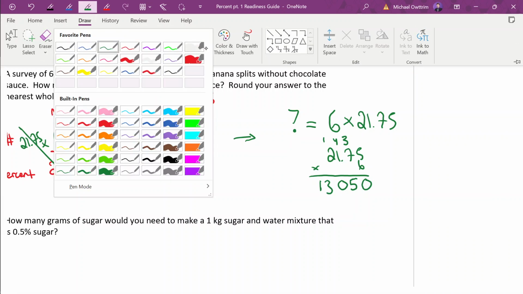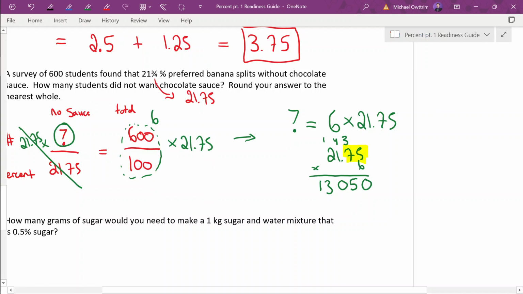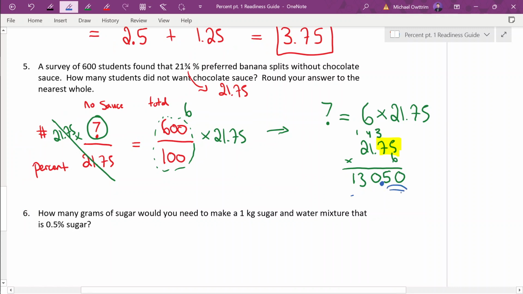In our calculation, we had an original 2 decimal points, and so we need to have 2 decimal points in our answer as well. And we'd estimate that there's 130.5 students who did not want chocolate sauce. Now, since we can't have half a student, and we're asked to round to the nearest whole, 5 rounds up, and we'd estimate 131 students.